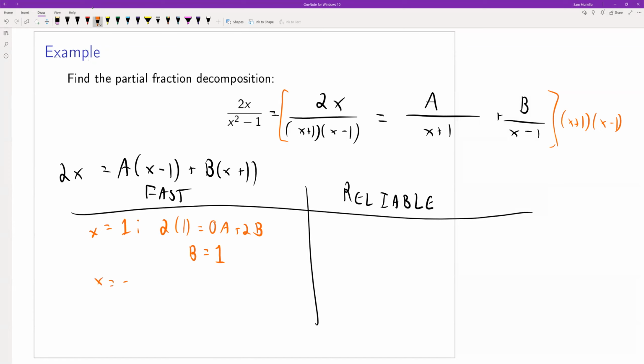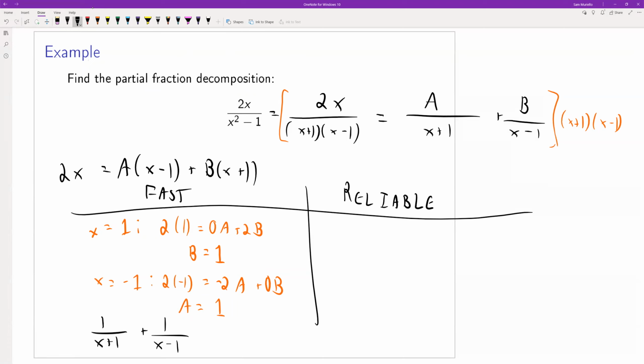Similarly, if x is equal to negative 1, then 2 times negative 1 would be negative 2a plus 0b. In other words, a is also equal to 1 here. Thus, we get as our final answer 1 over x plus 1 plus 1 over x minus 1.